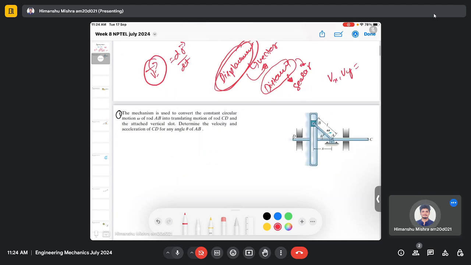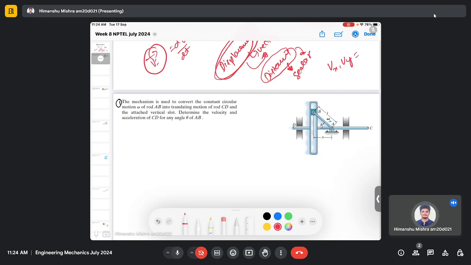So in this week we will try to solve more absolute motion problems. In these types of questions, there is a connection in the system. For example, here you can see there is a rod AB which is connected to CD, and when any of these parts moves, the other members also move.